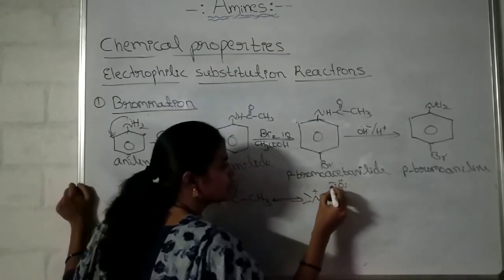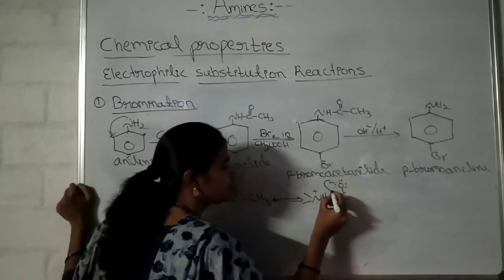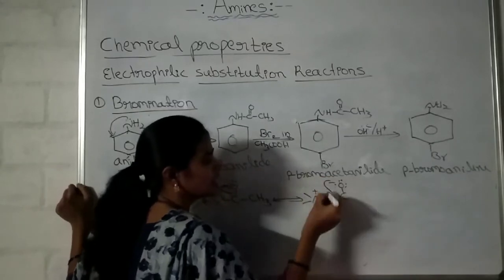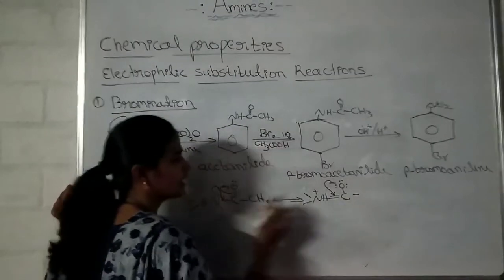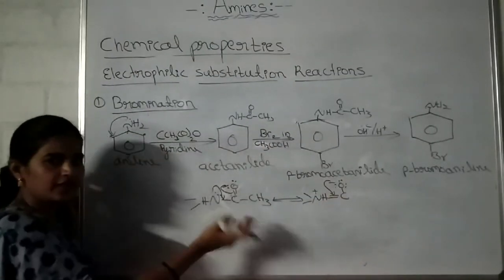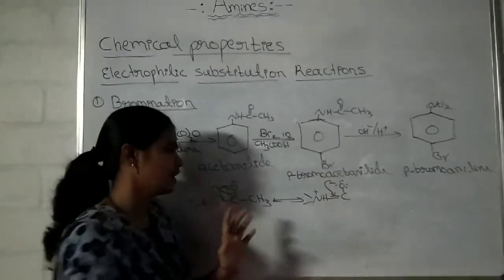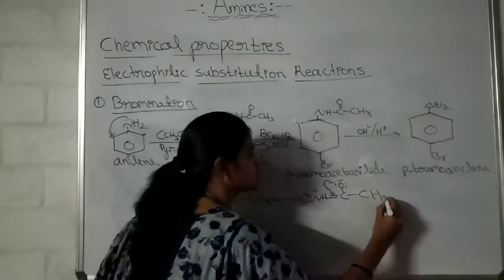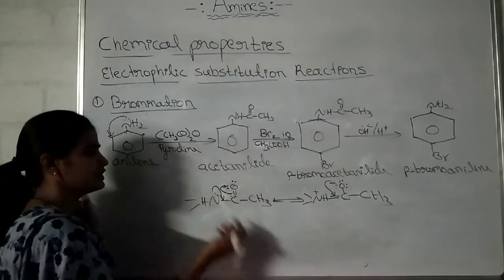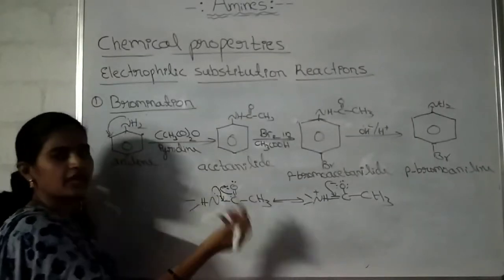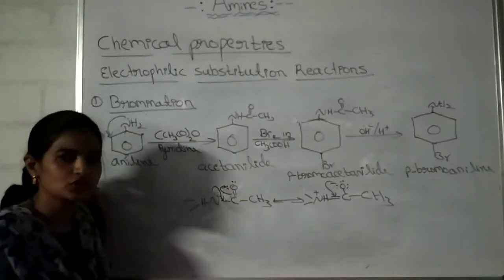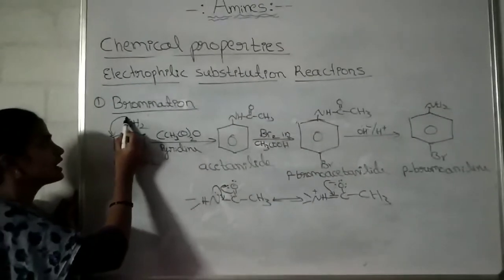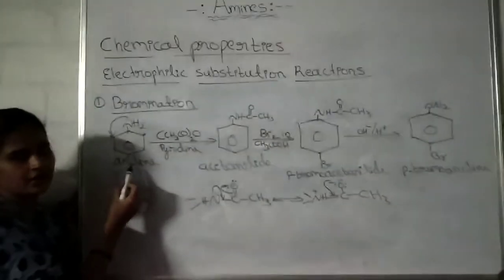Here plus and minus. Again these will shift here and we will get the same structure again. Okay, these are the resonance structures. There will be a continuous giving and taking of the lone pair of electrons on the nitrogen atom. Therefore, these are not donated to this benzene ring.